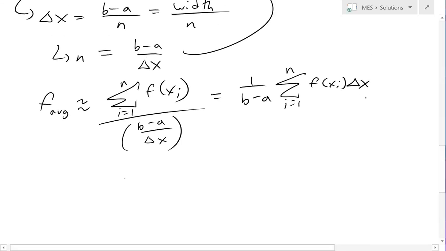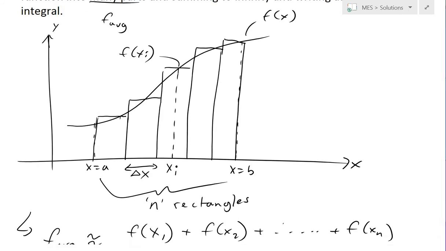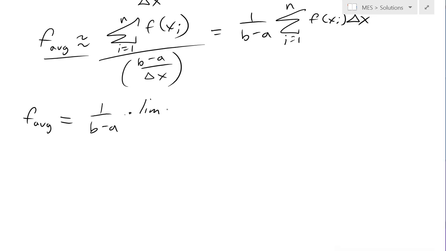So basically we have this now, but this again is an average. And like I've shown before, when you deal with integrals, instead of this finite number, if we go to an infinite amount of rectangles that are infinitely small, we get that the actual value of f average is going to be 1 over b minus a times the limit as n approaches infinity.